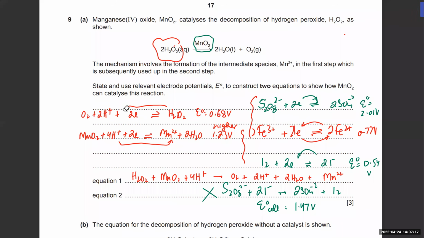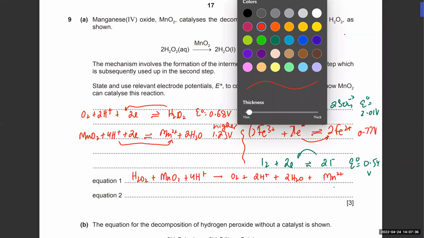Now, let me get rid of this. I said now the second step would be kind of easy. We did the first part, right? I don't have to do the math for the second step.